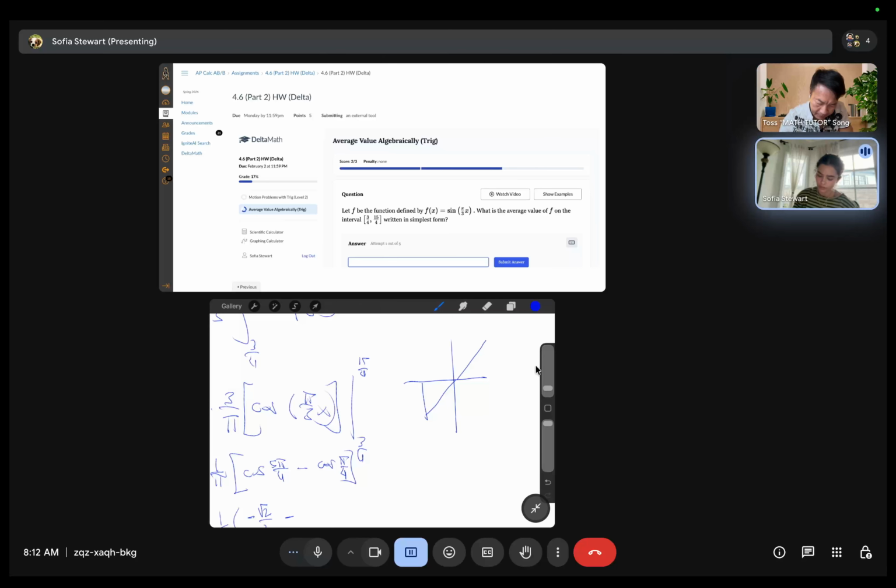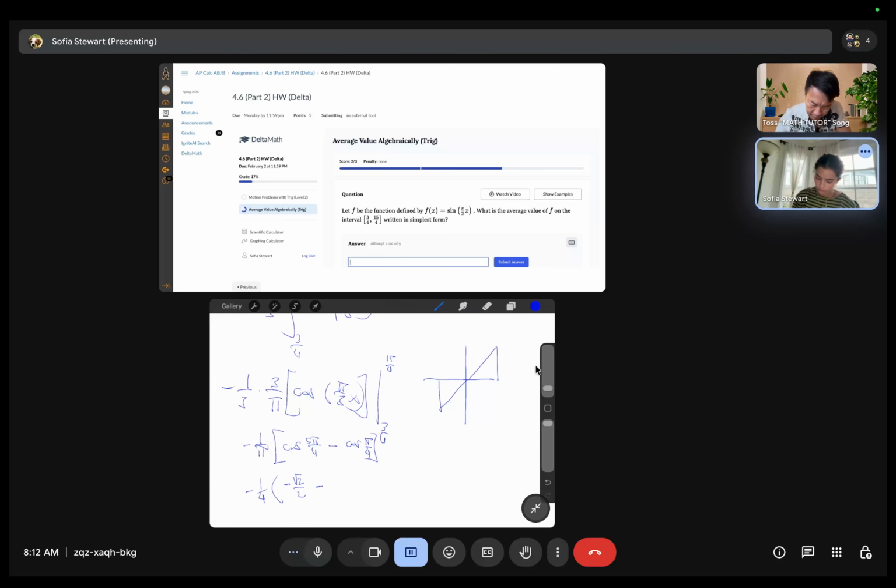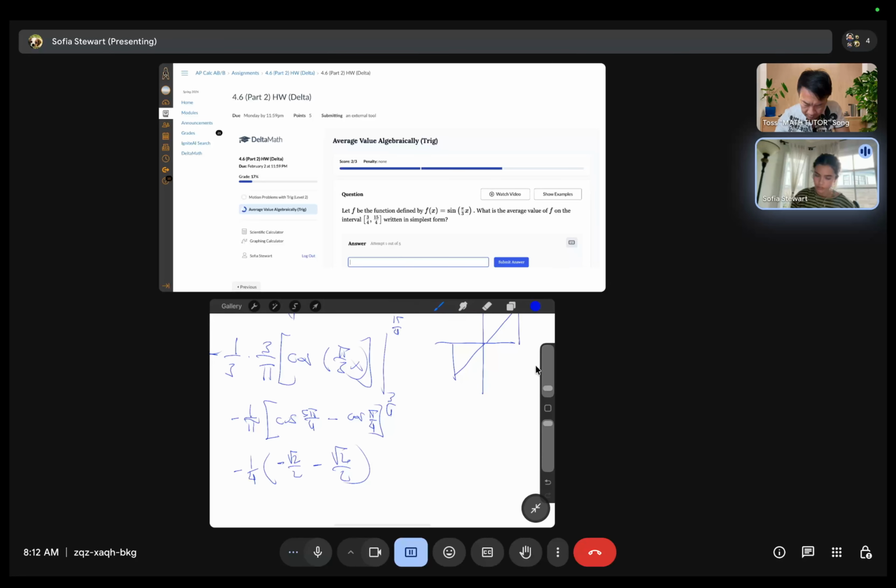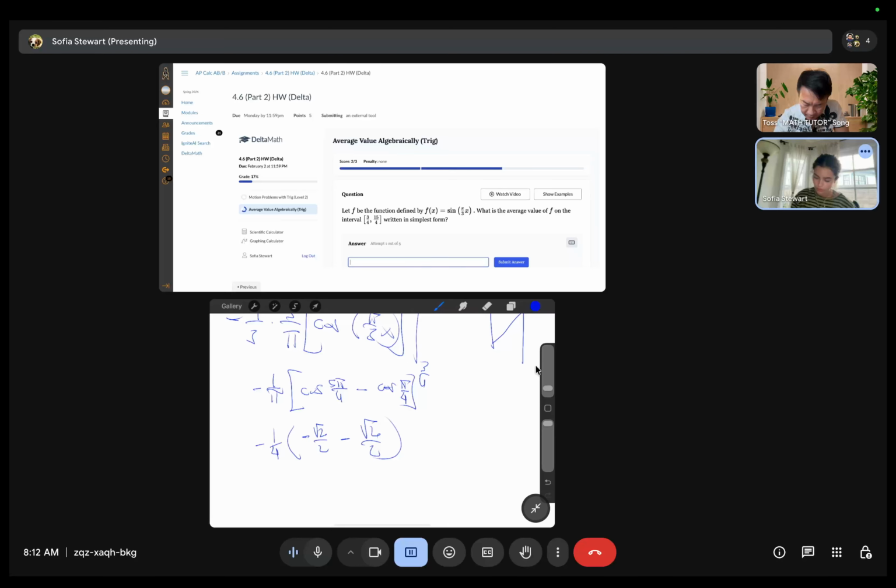Cosine of pi over 4 is just rad 2 over 2. So negative rad 2 over 2, but times negative 1 is positive rad 2 over 2. So that should be positive rad 2 over 2.